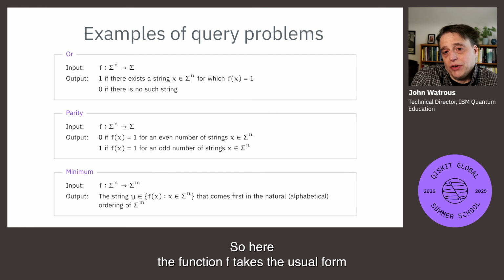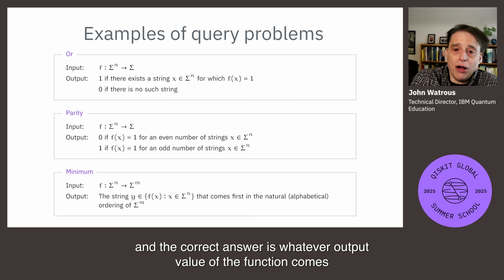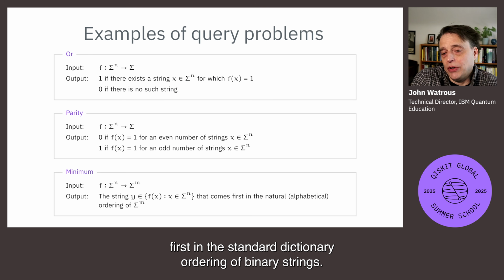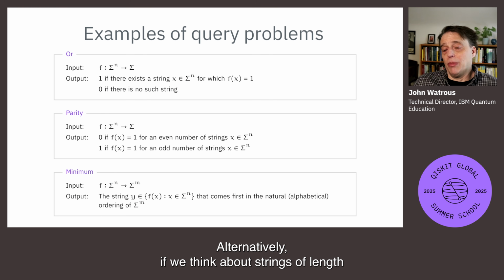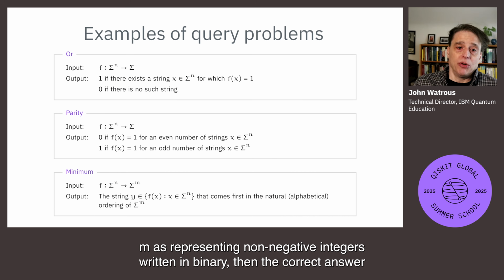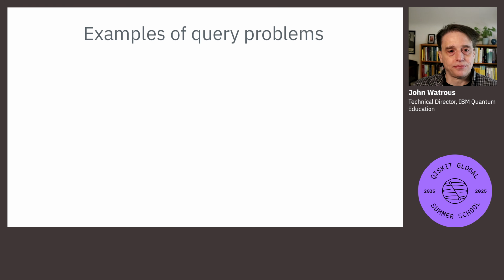So here the function f takes the usual form, and there are no restrictions on n and m, and the correct answer is whatever output value of the function comes first in the standard dictionary ordering of binary strings. Alternatively, if we think about strings of length m as representing non-negative integers written in binary, then the correct answer is the smallest possible or minimum value that comes out of this function.